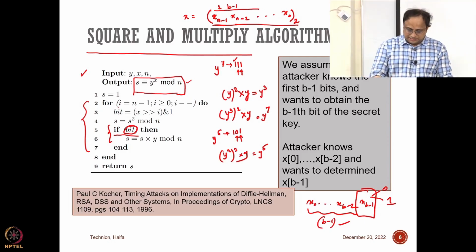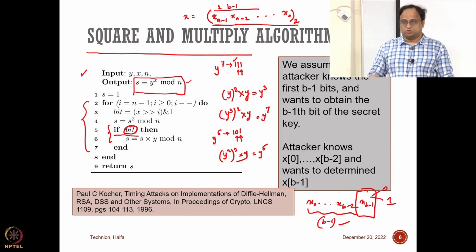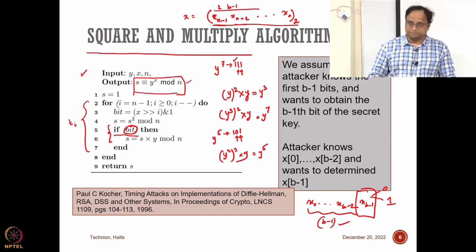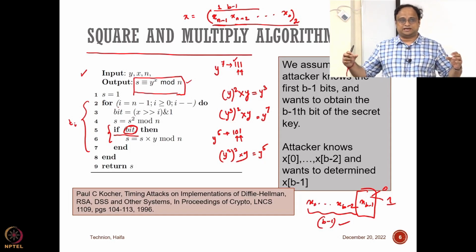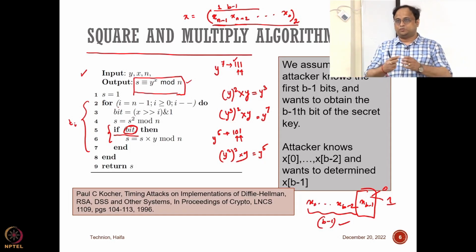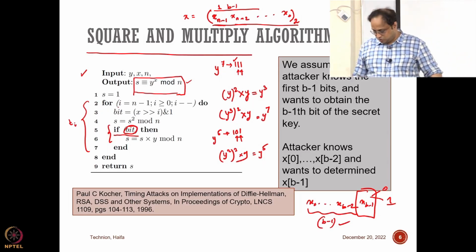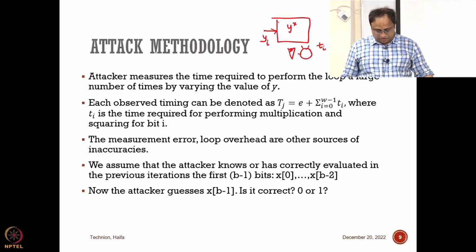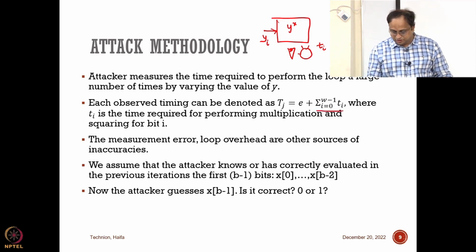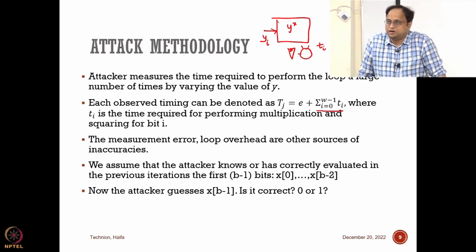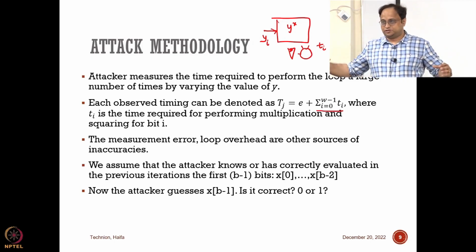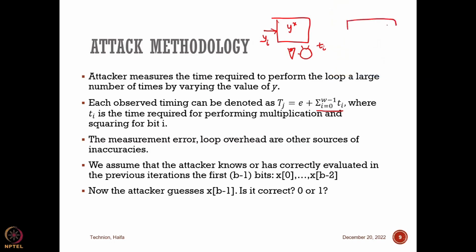Imagine that the ith iteration of this code takes Ti amount of time. If the total length of the exponent is w, the width of your exponent, then the total time can be written as the sum of Ti, where i goes from 0 to w minus 1, because x is of dimension w bits.